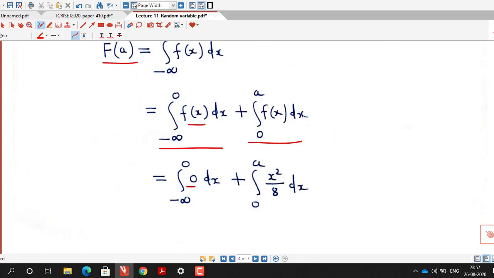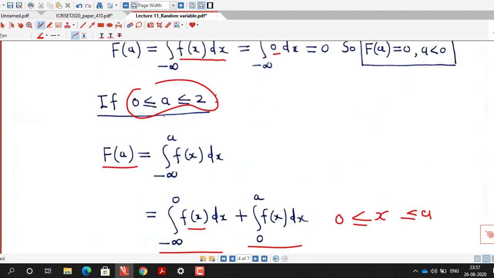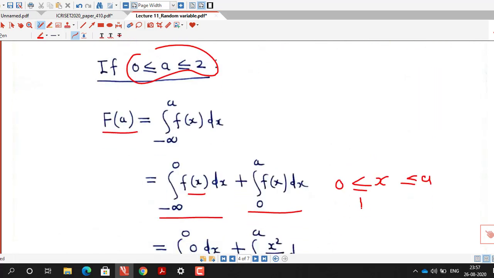Now if x is in between 0 and a, because a is less than or equal to 2, x is also in the interval 0 to 2.